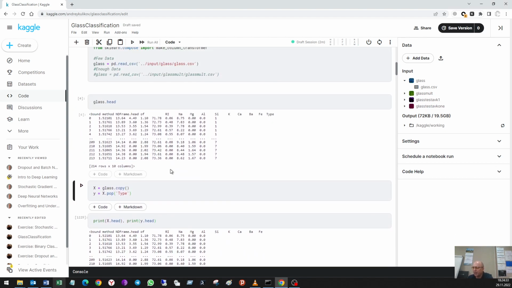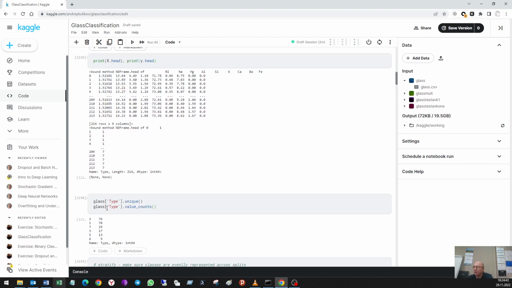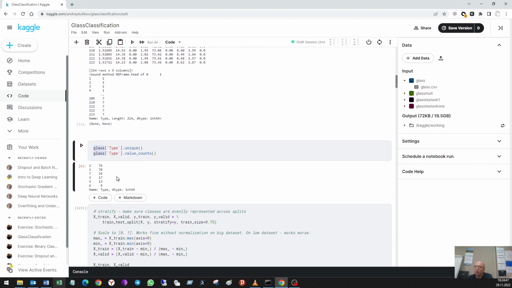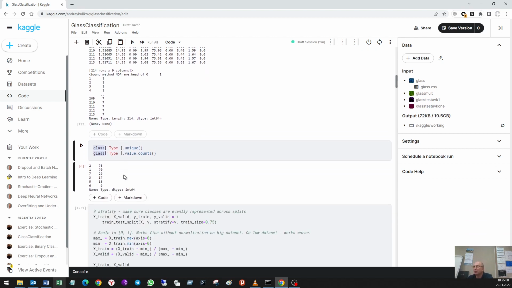Also I see the target value. So I have type, I make type the target, and I see that it is from 1 to 7, and also I see that there is no 4, and some information about the data set. For a multi-class task, I have to make one hot encoding.